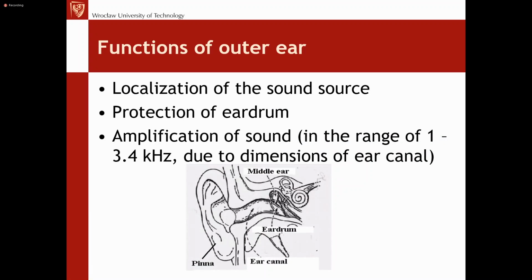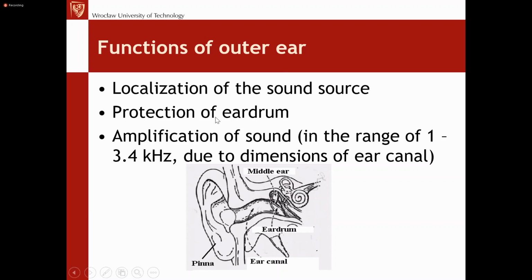First of all is localization of the sound source, and this localization is possible mainly by the shape of the pinna and on the basis of the differences between acoustical signals going to the right and left ears.